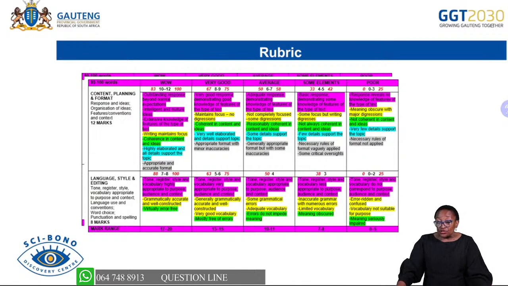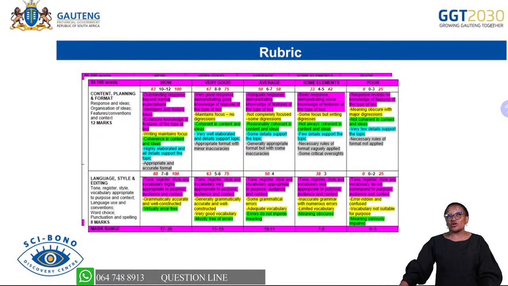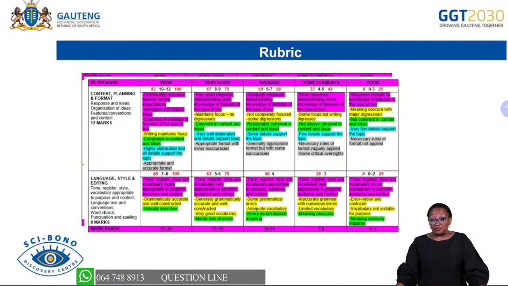That means your piece is exceptionally well done. And there are descriptors in each of those categories that will qualify you to get a 12 out of 12, 11 out of 12, a 10 out of 12 for that matter, for content mark.